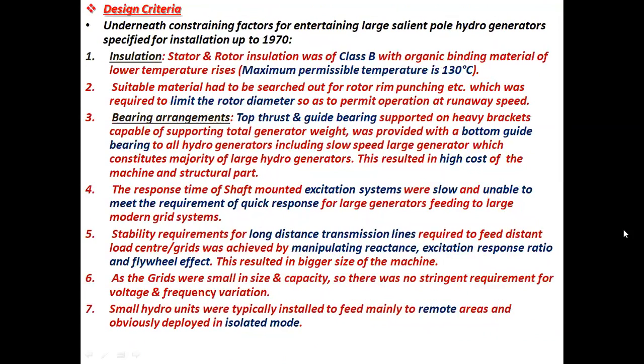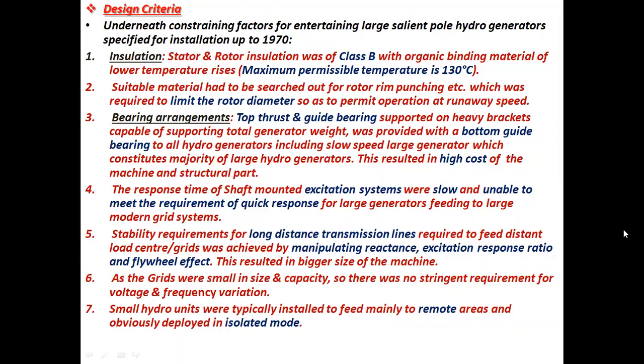Let's have a design criteria. Underneath are constraining factors for large salient pole hydro generators specified for installation up to 1970. 1. Insulation part.